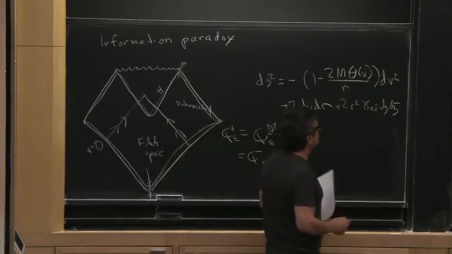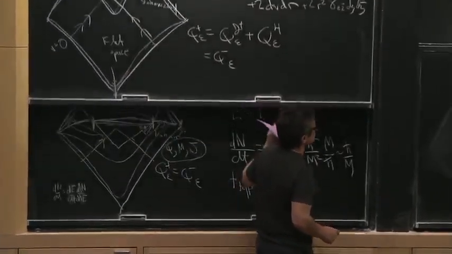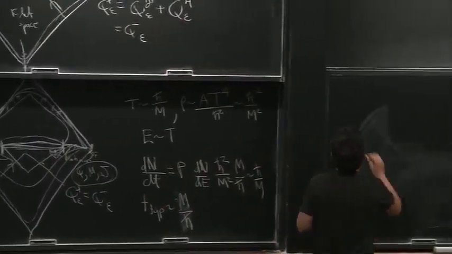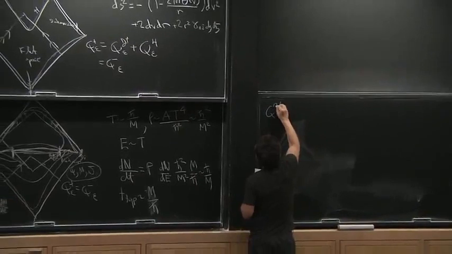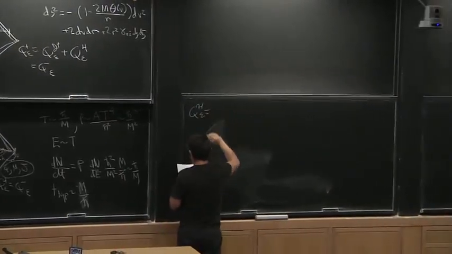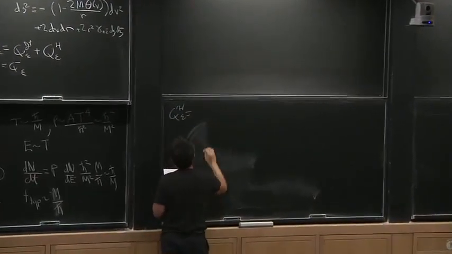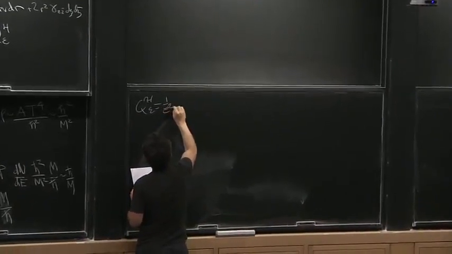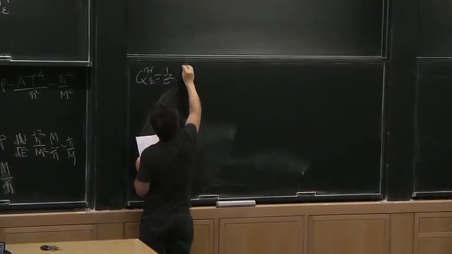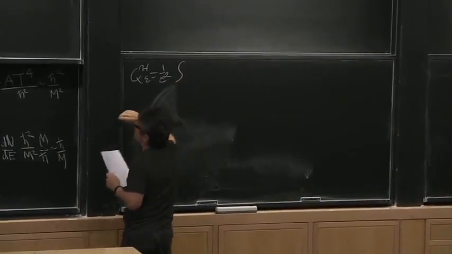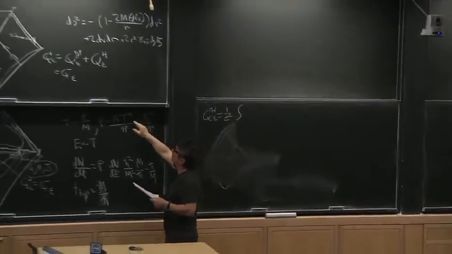So what is this q H epsilon? Well, q H epsilon is equal to 1 over e squared times the integral. We can write it in two forms.